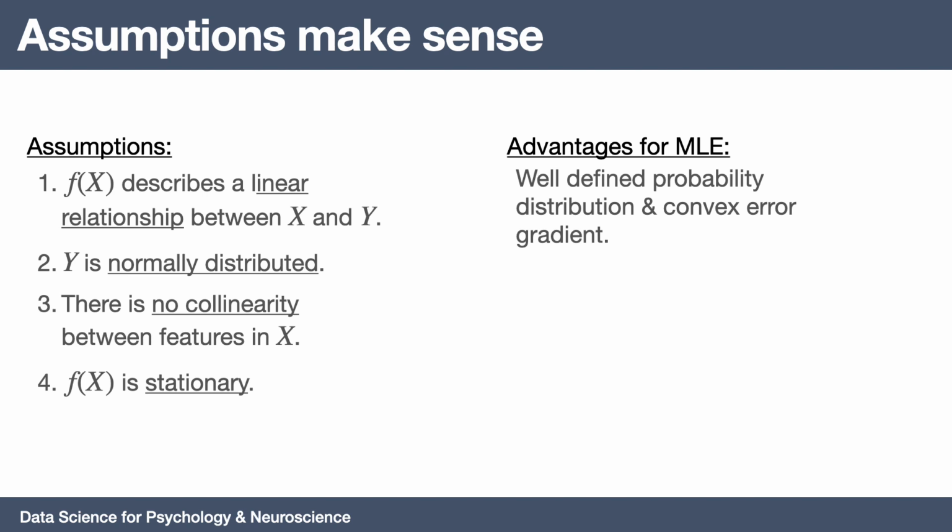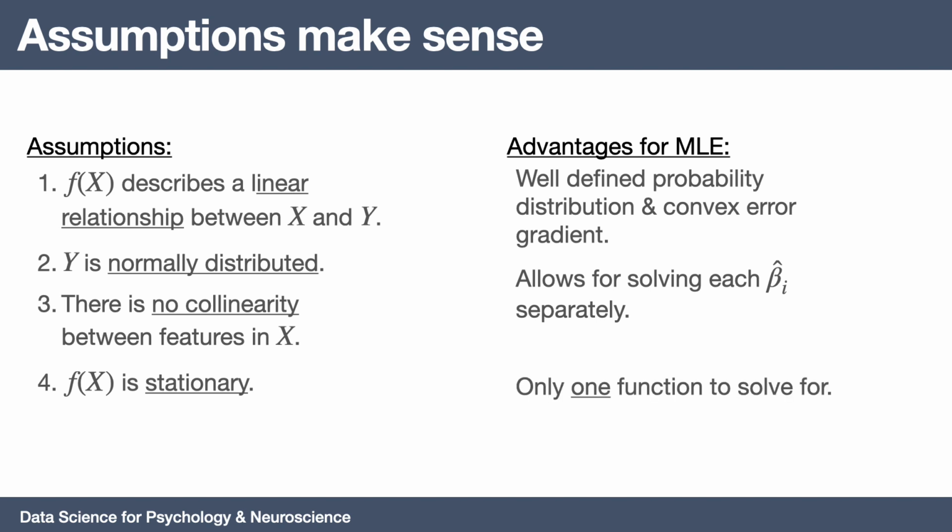Having that simple shape to your error gradient allows for finding your optimal minimum. So it allows for solving each regression coefficient separately, and there's only really one function to solve for. In fact, if you look at the matrix algebra way of framing the ordinary least squares solution, it's one line of linear algebra. And we will go over that in another lecture.